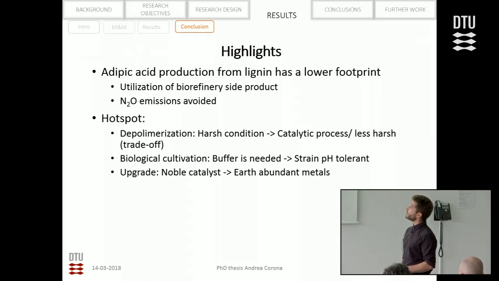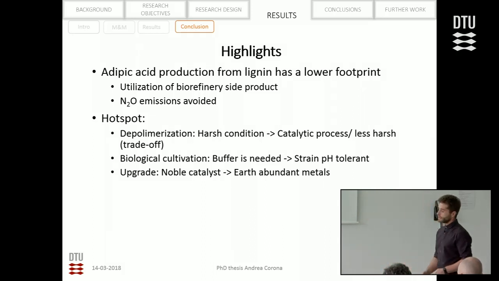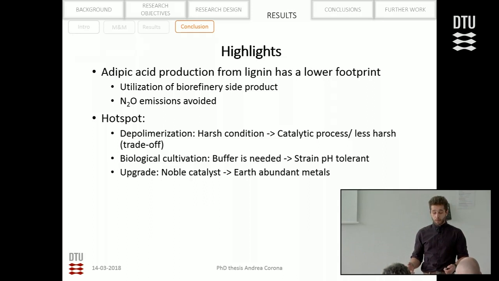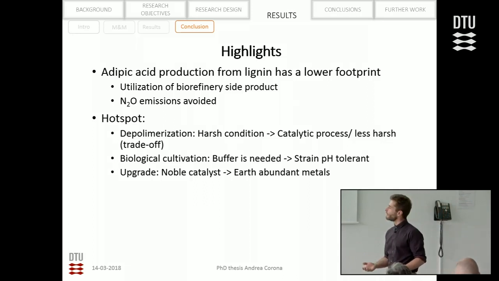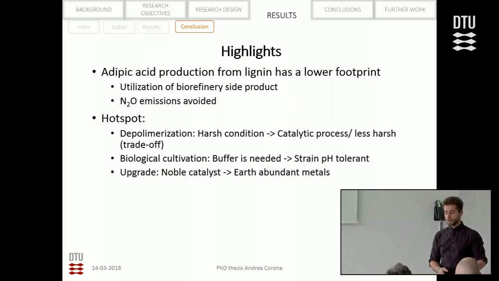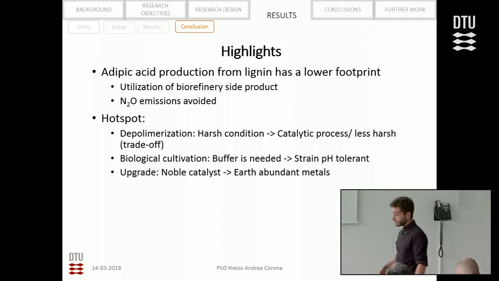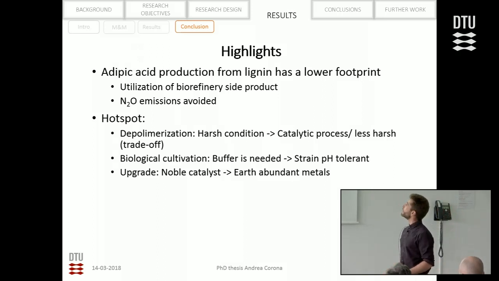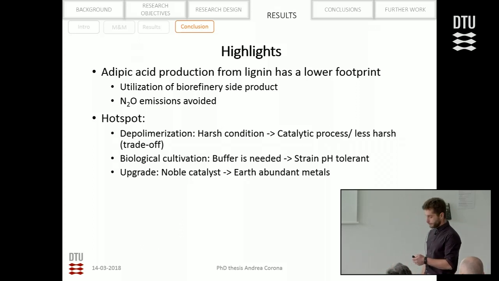If you look at the hotspots, we identify three main processes that contribute to the overall performance, and the first of all is the depolymerization. As I said before, depolymerizing the lignin is kind of hard. So a suggestion to the technology developer is to look at alternative catalytic processes, or to identify if there are trade-offs in this process, so as to reduce the severity of the depolymerization conditions.